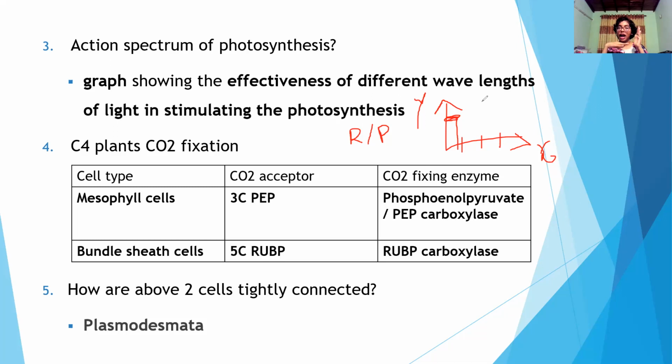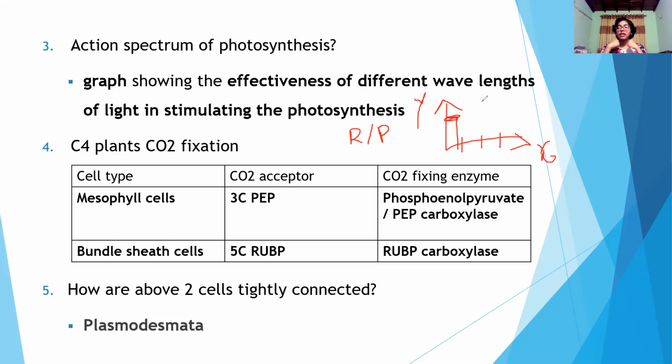So it is a graph showing the effectiveness of different wavelengths of light in stimulating photosynthesis. For specific wavelengths, the rate of photosynthesis could be high, and for another set of wavelengths, it could be low. You all know red and blue are very effective.